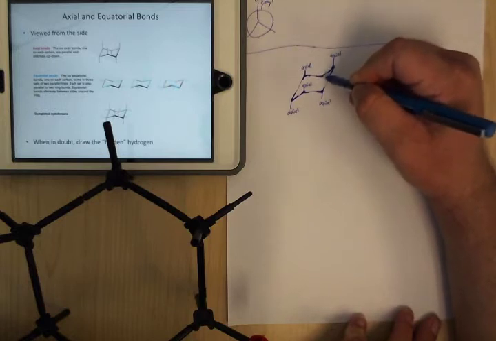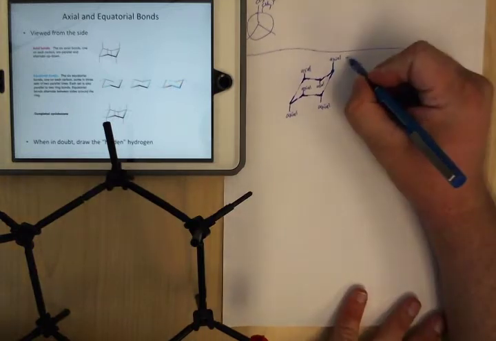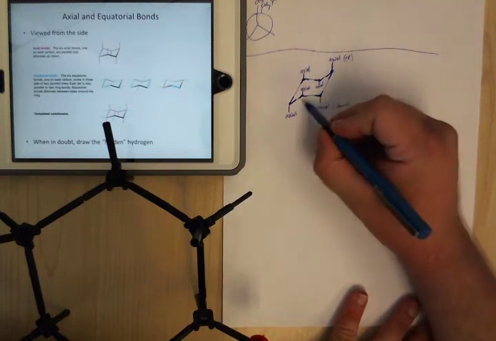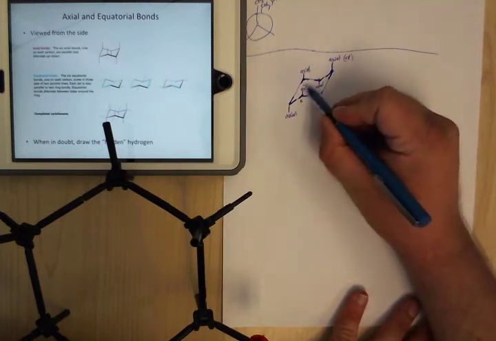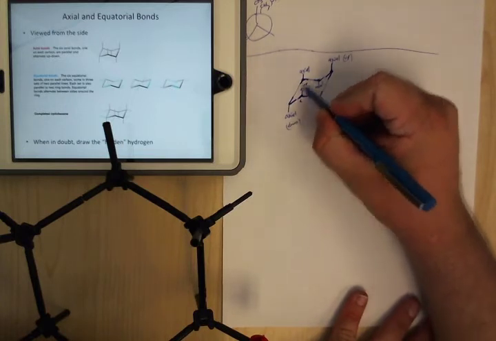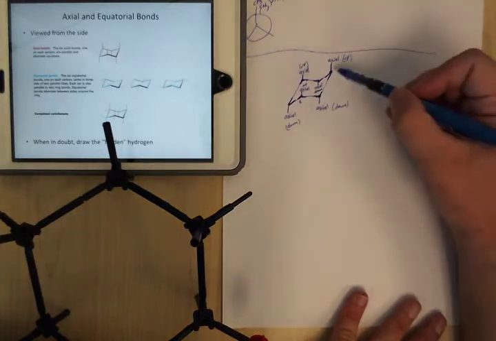This one's pointed down like this, that means axial's down. Okay, so now we found it. Up, down, up, up, down, up, down.